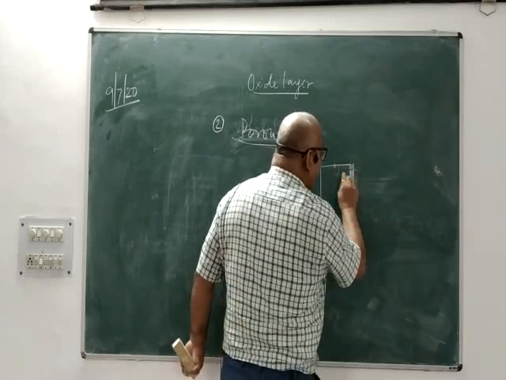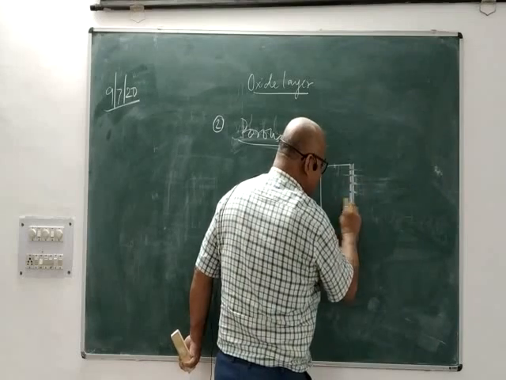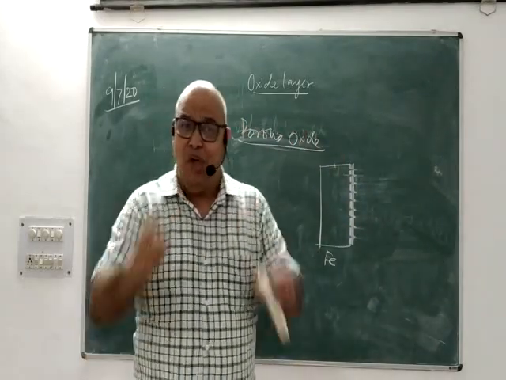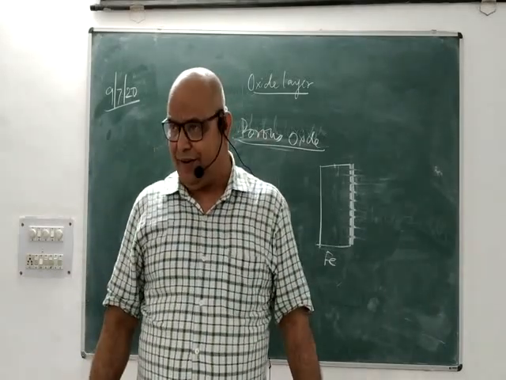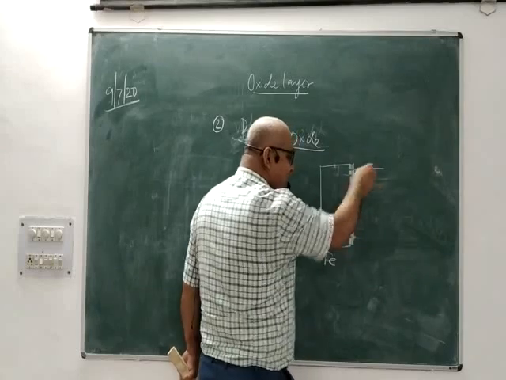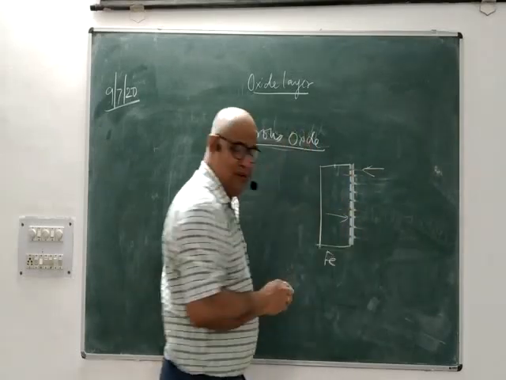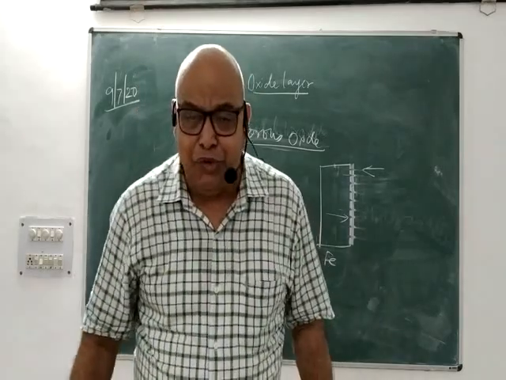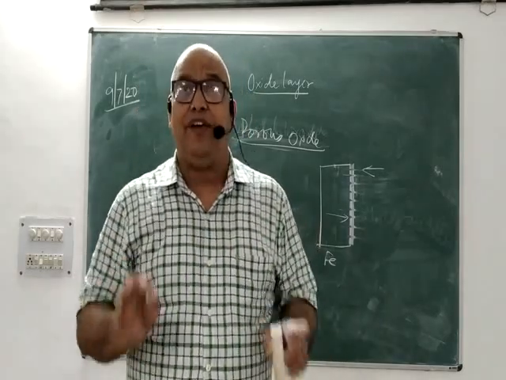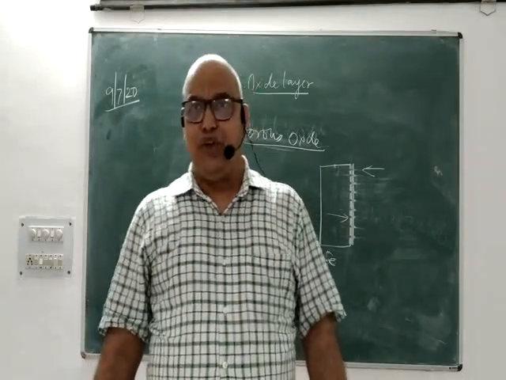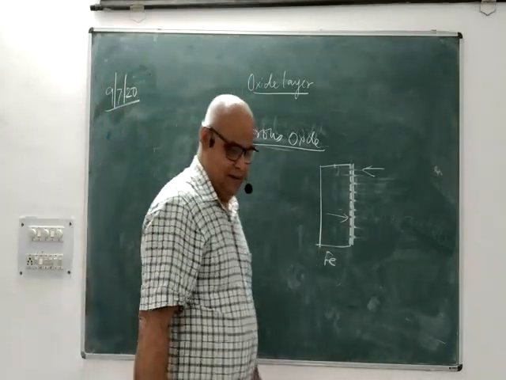Now, ferrous oxide being porous, there will be many pores or holes on the surface of the metal oxide, as a result of which oxygen can go in, metal ion can go out, and the process of corrosion will continue until the entire metallic structure is destroyed. This is all about the nature of oxide layer.